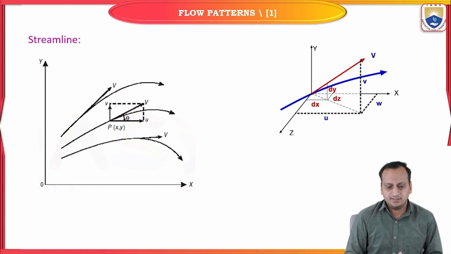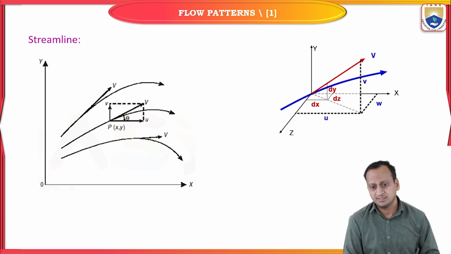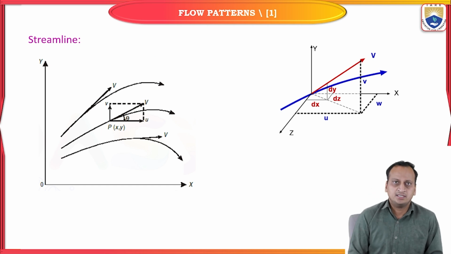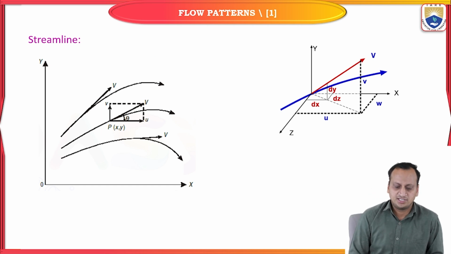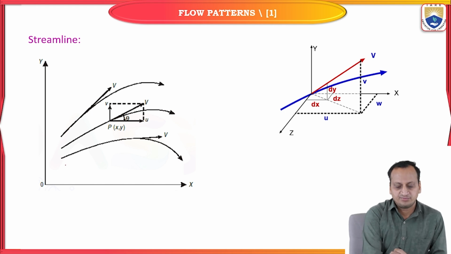Here we'll understand a fluid particle in a two-dimensional coordinate system and in a three-dimensional coordinate system. You can locate a fluid particle while different fluid particles are moving in different curved paths like this.